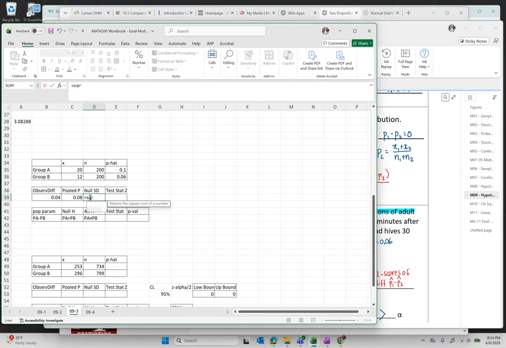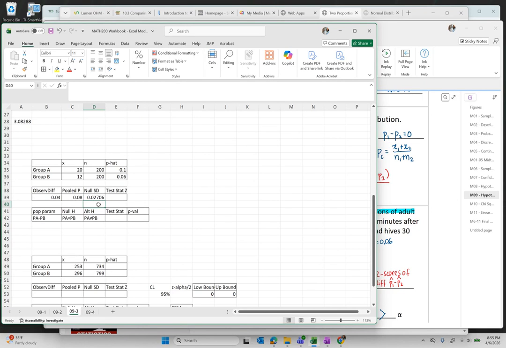So square root of, and I'm going to do P1 hat times 1 minus P1 hat, that will be the Q1 hat, divided by N1, plus P2 hat times 1 minus P2 hat, that will be Q2 hat, divided by N2. And that is one of them.